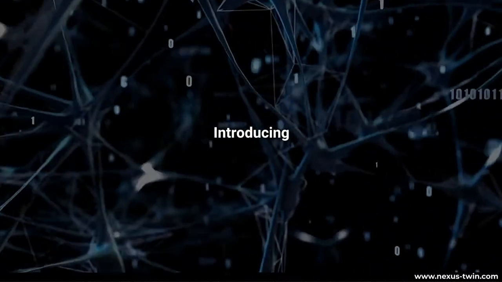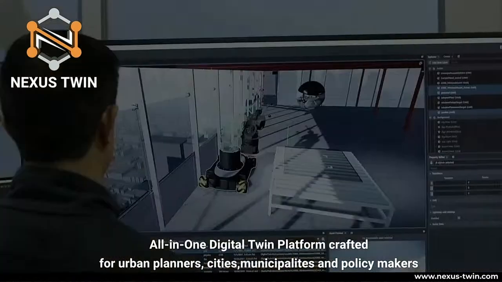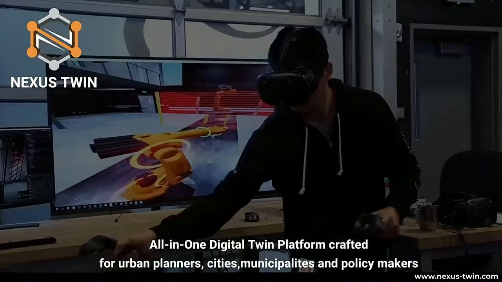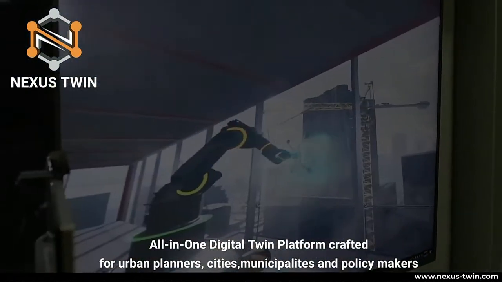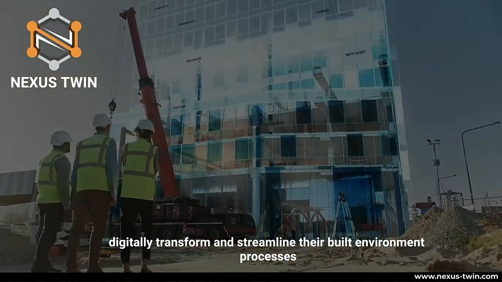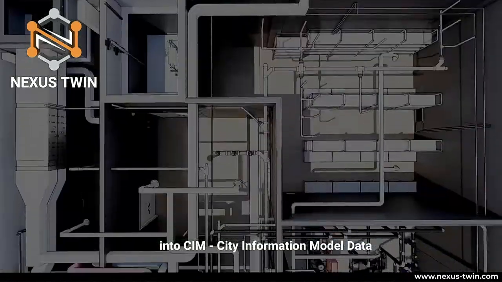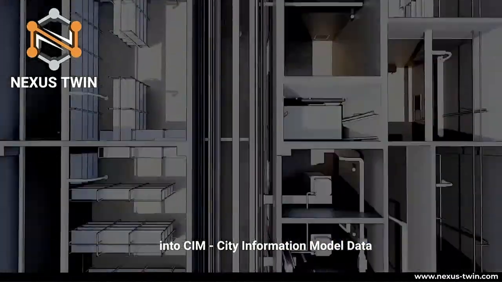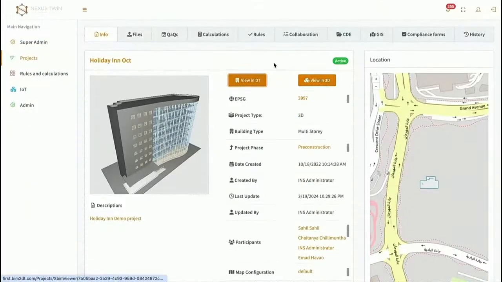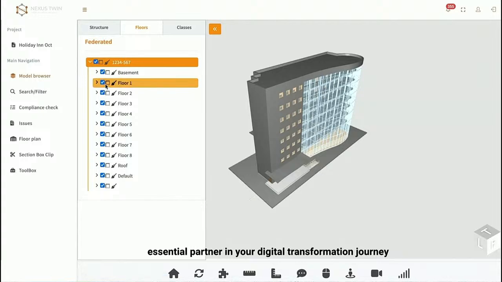At Intelligent Network Solutions, we've developed Nexus Twin, an all-in-one digital twin platform crafted for urban planners, cities, municipalities, and policymakers to digitally transform and streamline their built environment processes by transforming their data into a CIM, City Information Model. Nexus Twin is more than a mere tool, it's an essential partner in your digital transformation journey.